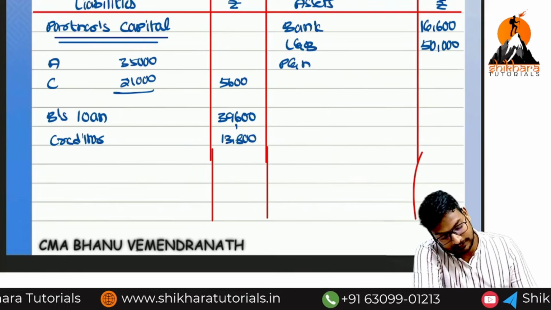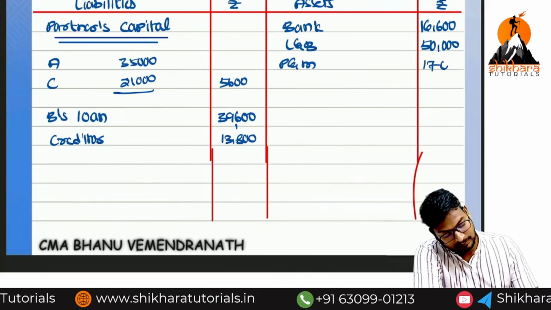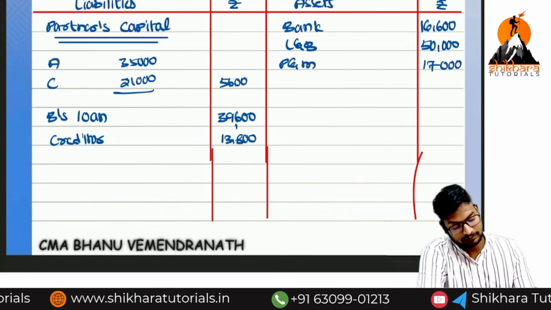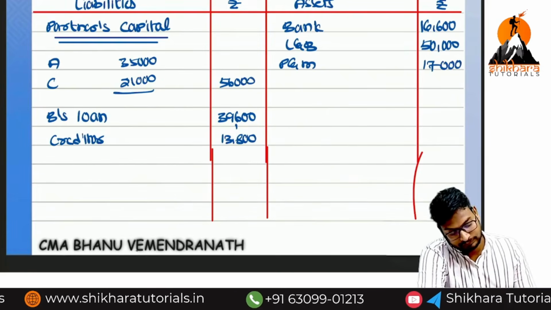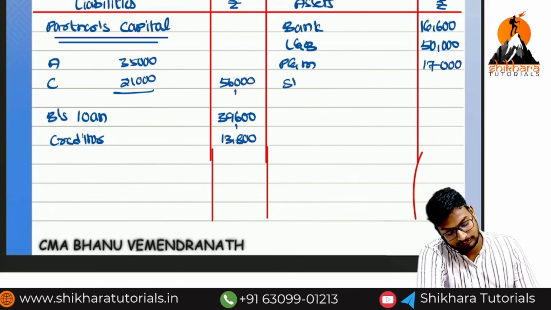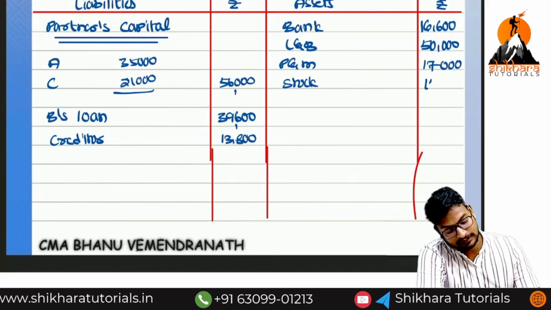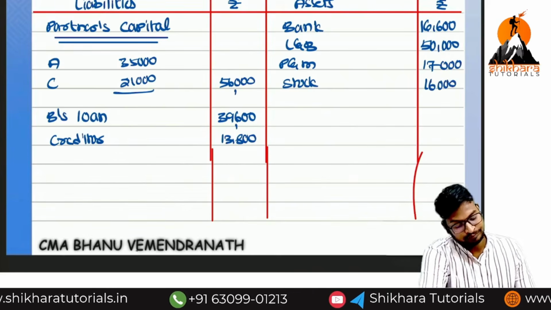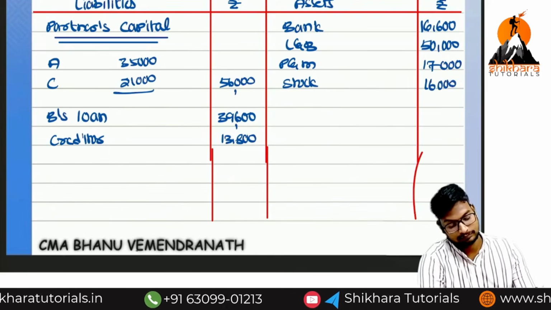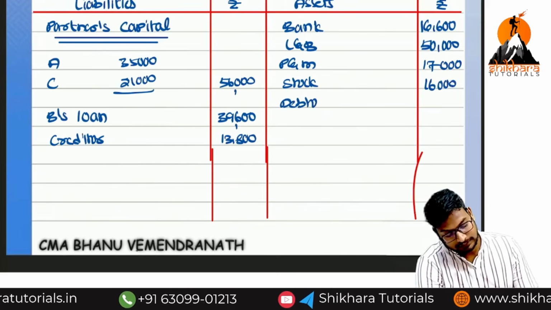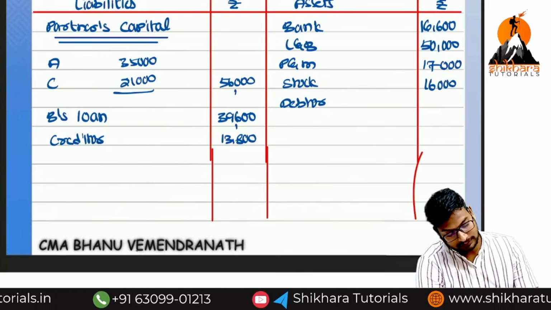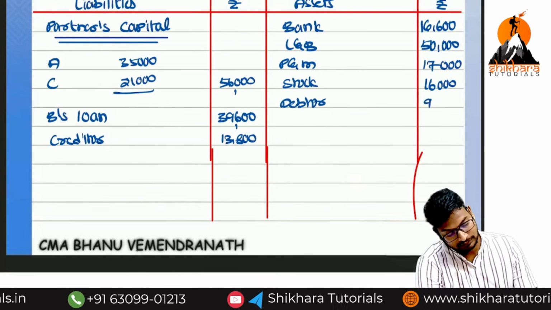Then mystery 17,000. Stock 16,000. Debtors 9,600.